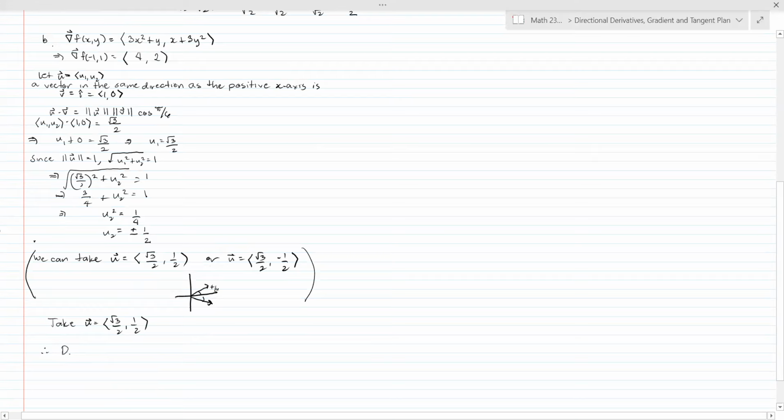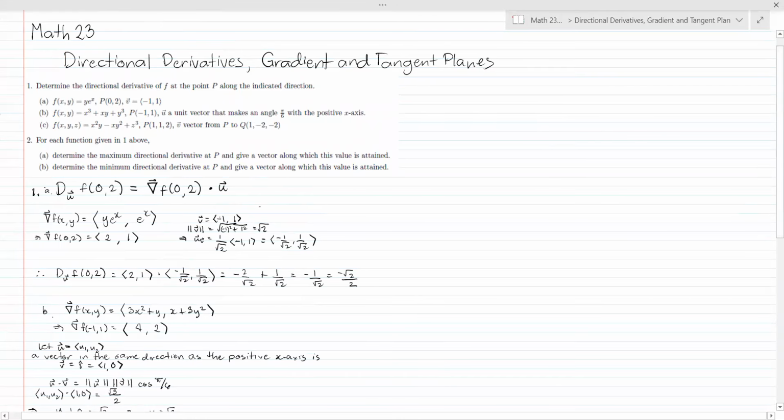Okay, so try na natin ang number 1, C. So for number 1, C, let's solve for the gradient ng f. Gradient ng f, component partial x is 2xy minus y squared.